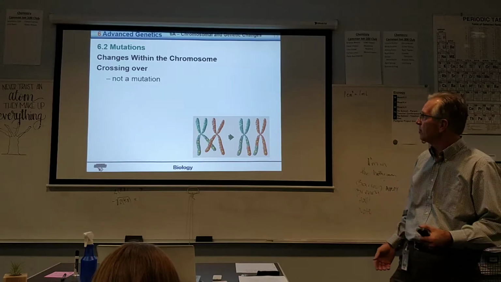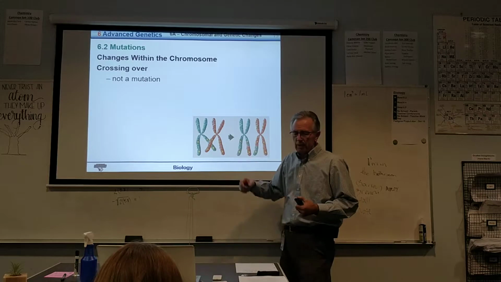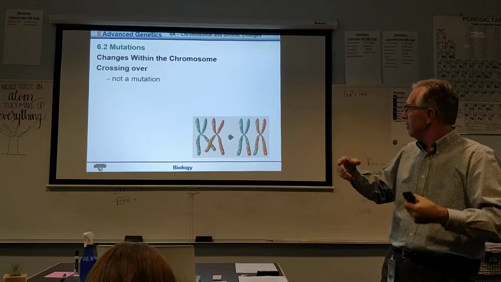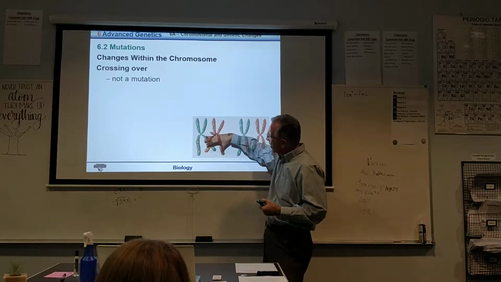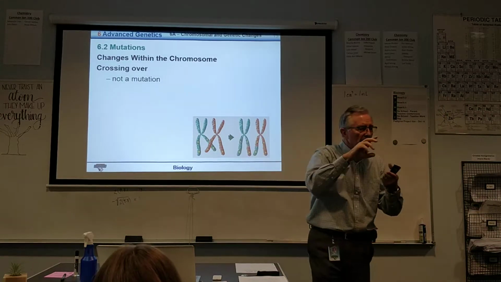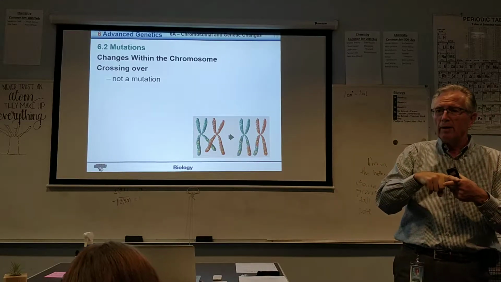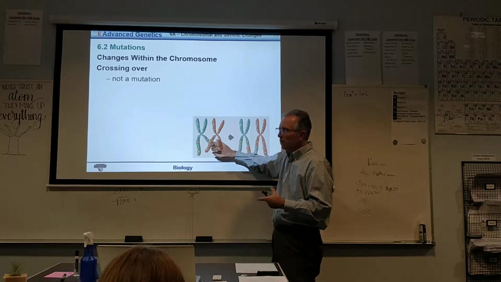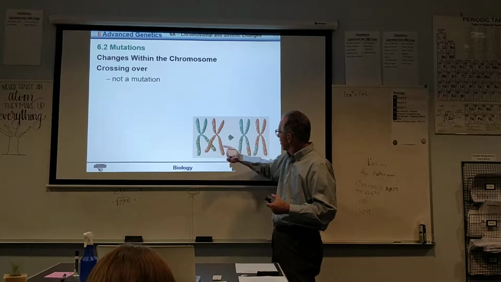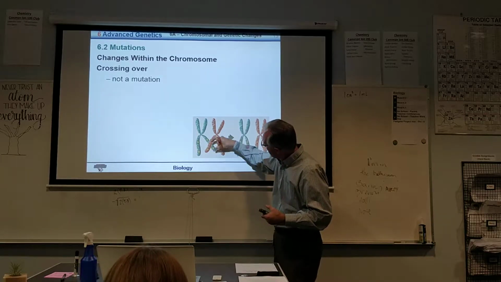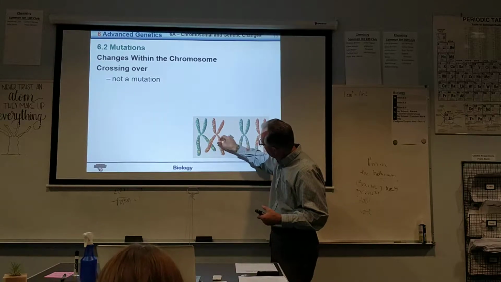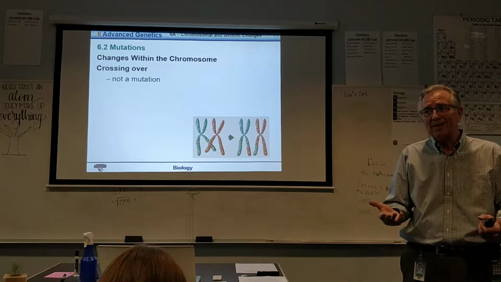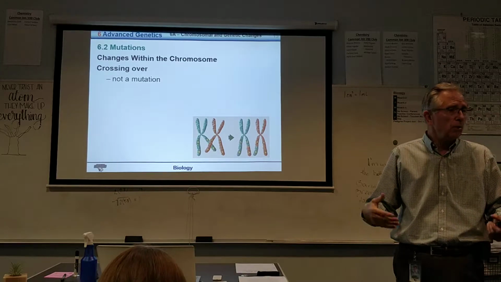While these chromosomes line up in the middle during metaphase, the ends kind of stick out, and they can touch another one, so they're actually crossing over. And what can happen as they cross over is the end of this one will get stuck on the green one, and the green end will get stuck on the red one. And this is something they say actually does happen fairly regularly.